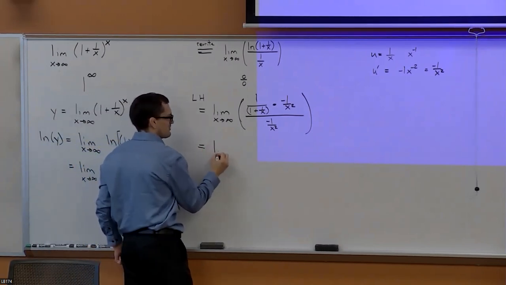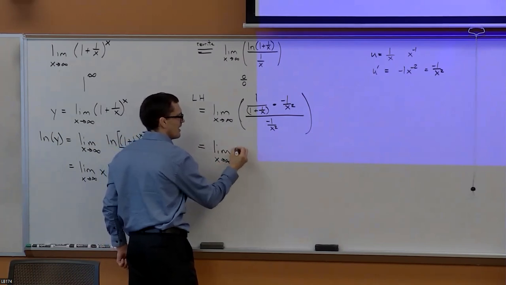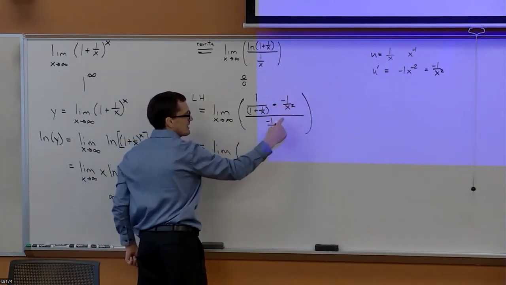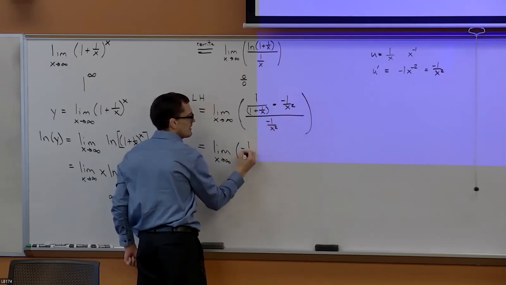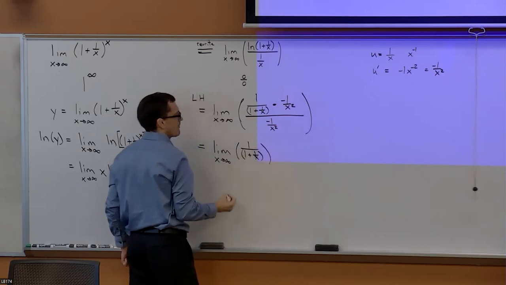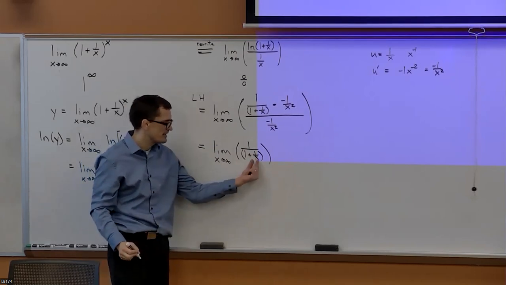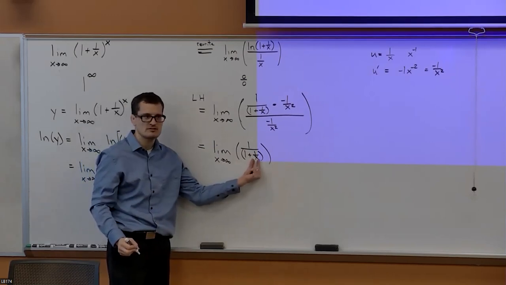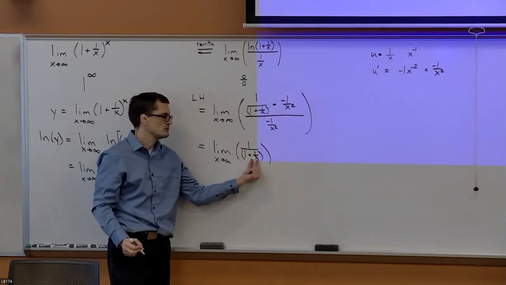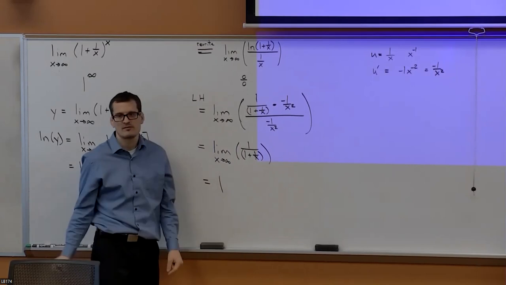Yep. Okay. So we're going to get limit as x goes to infinity of these two things cancel out. So we're just going to be left with 1 over 1 plus 1 over x. And as x goes to infinity, this little fraction here goes to 0. So you just get 1 over 1, which is 1.